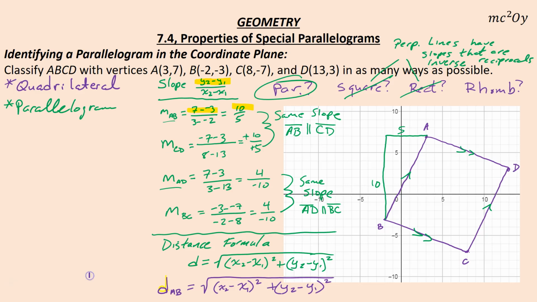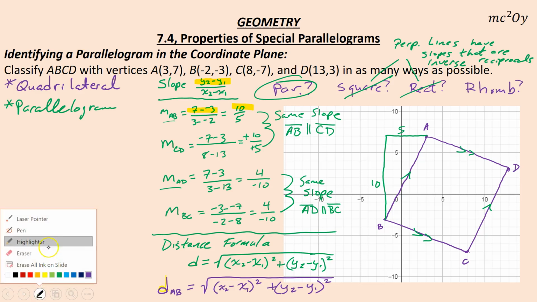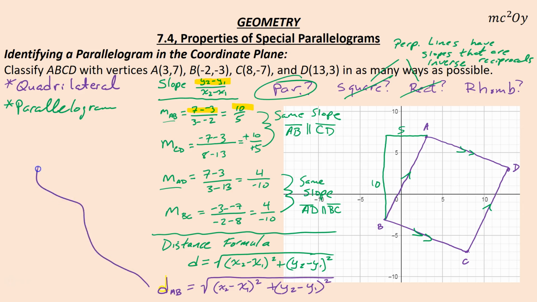If I were to write that over here, this would become the square root of 10 squared plus, that would be the y part. The y2 minus y1, that would be my 10 squared.